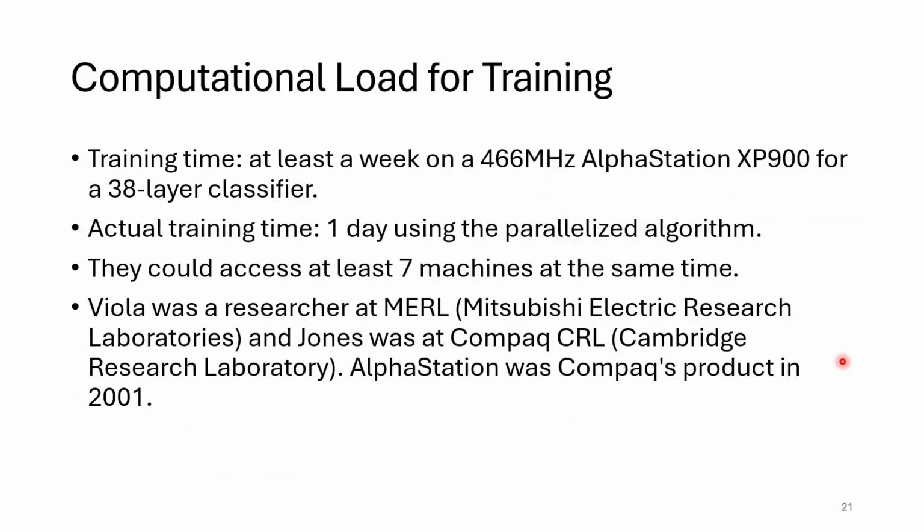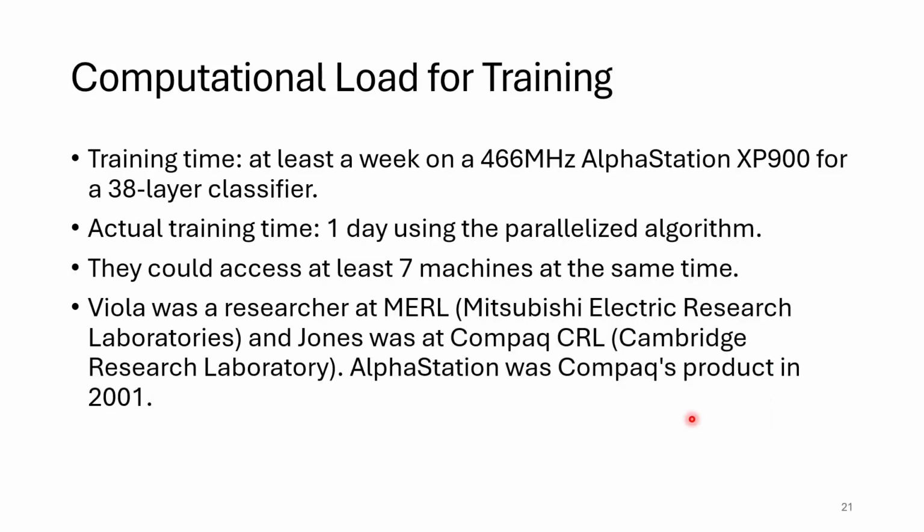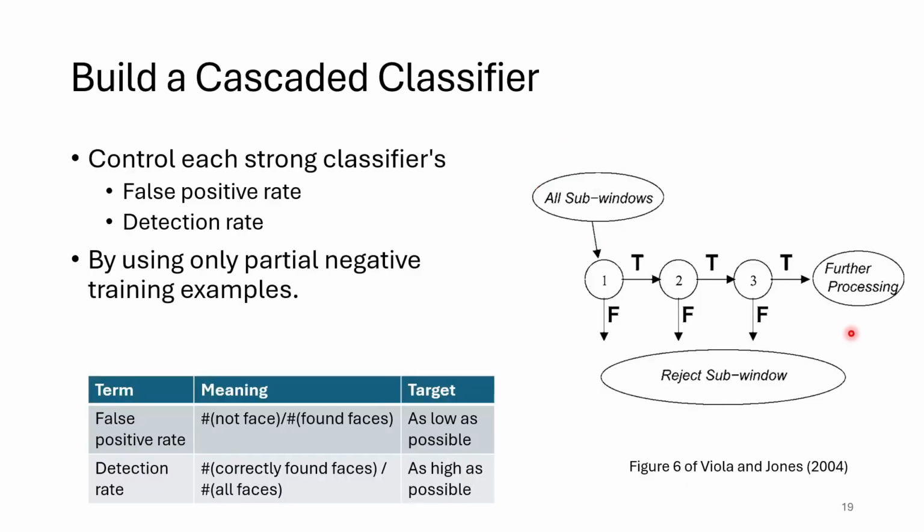So how many classifiers do they create? Totally 38. For the first one they use 1 feature, then 10 features, 25 features, 50 features, etc. So they create a cascade of classifiers.